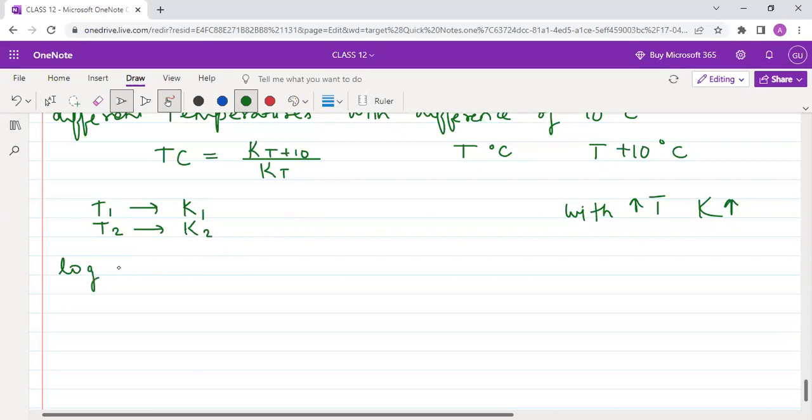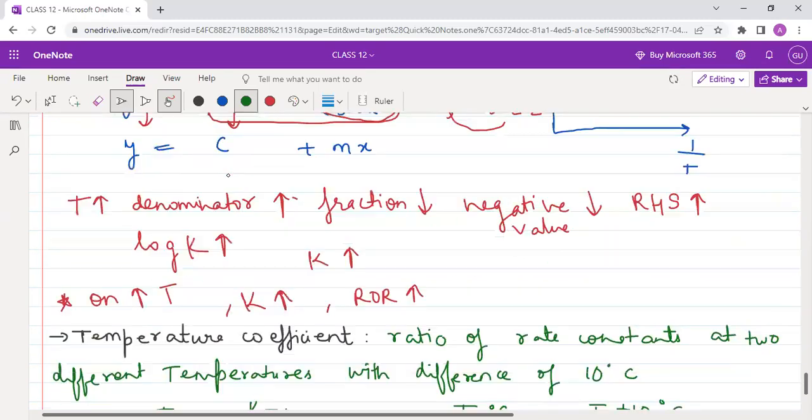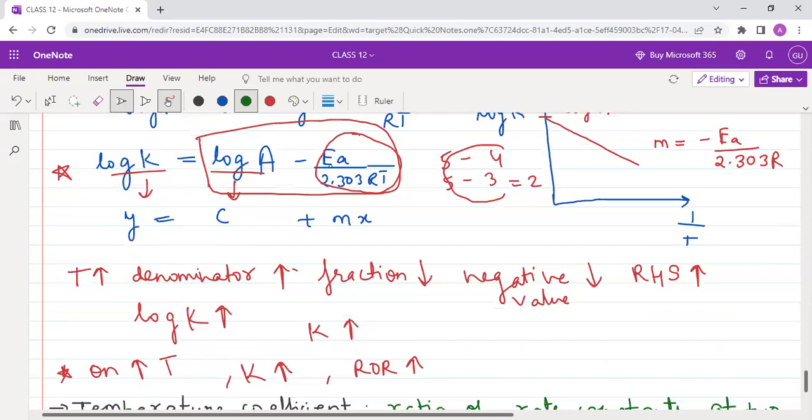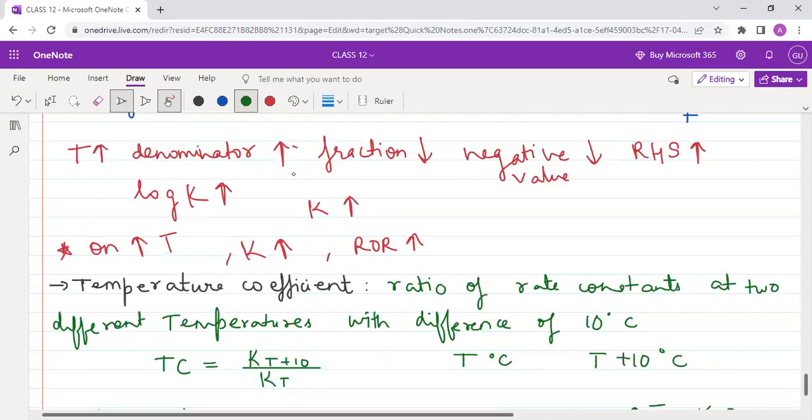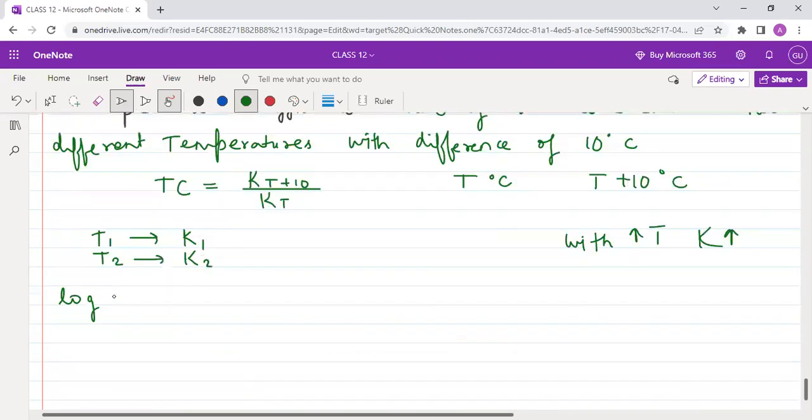We saw the equation log K is equal to log A minus Ea by 2.303 RT. So for the first temperature, it will be log K1 is equal to log A minus Ea by 2.303 RT1.